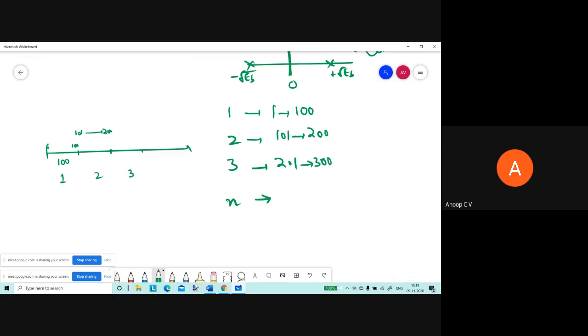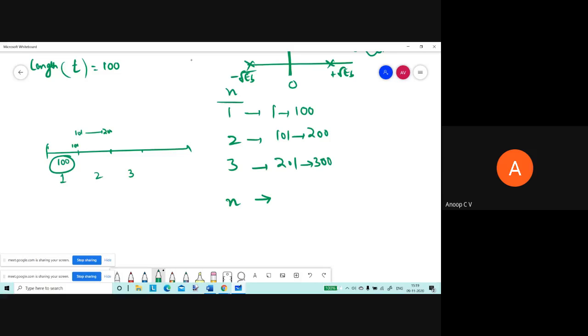In general, what will be the nth bit duration? This 100 is nothing but the length of t, which I have defined as the time vector for one bit duration. So in one symbol duration there will be 100 samples.